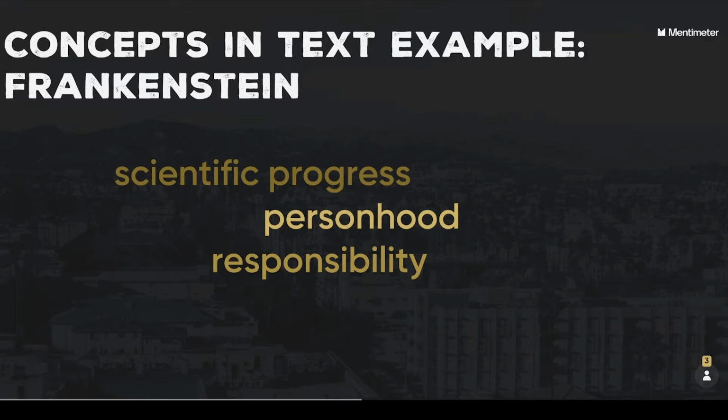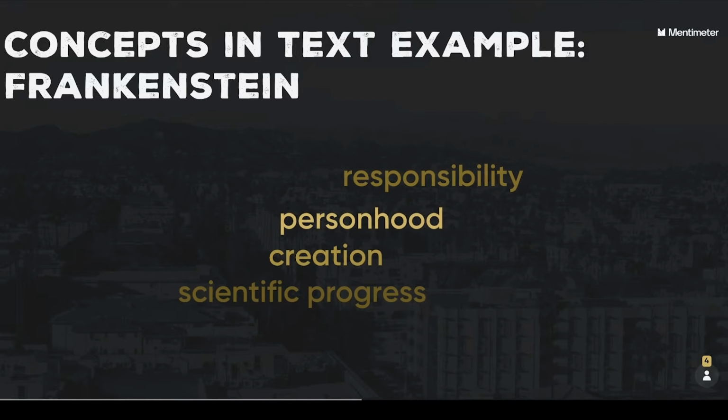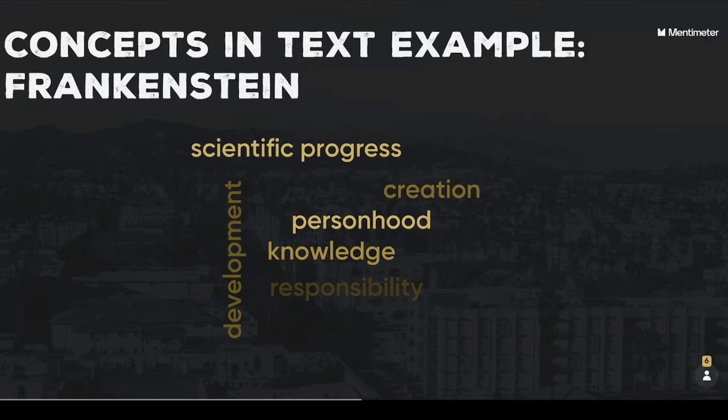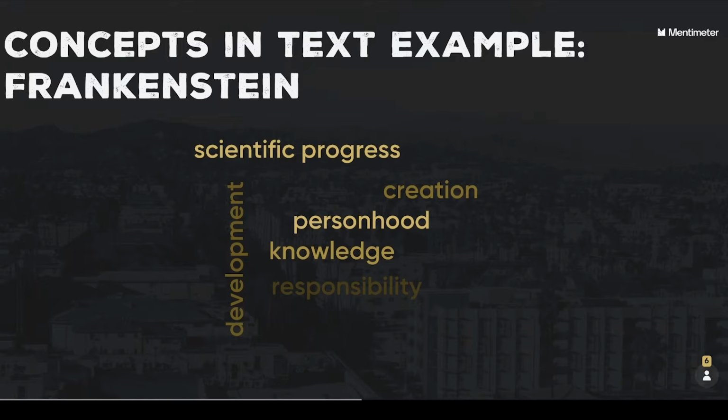There's also responsibility. Responsibility is a tricky one here, as well as creation. When we're talking about how creation and responsibility are tied together, how do we hold people responsible for what they create? There's also the whole development angle, not only from the scientific progress angle, but also from the creature developing and seemingly growing, despite the fact that he's made from dead human tissue. And of course, this brings into relief knowledge.